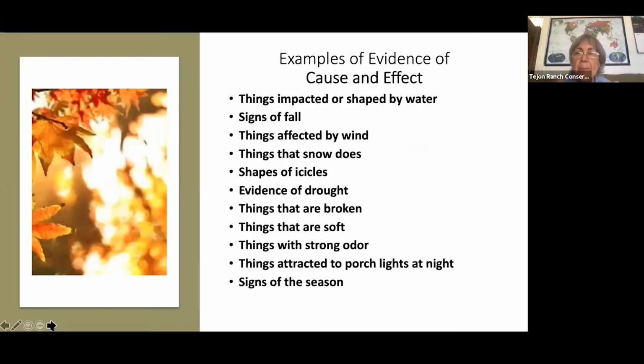Here are some examples of cause and effect, because once you start wandering around and looking at everything, you're going to have to try and focus on one particular thing.